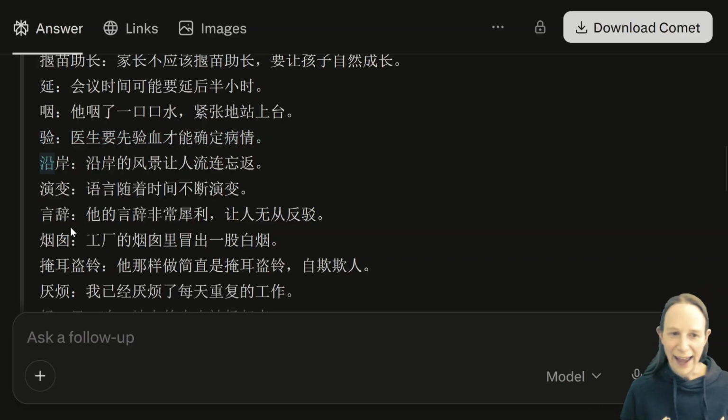Okay, so yan is a word by itself. This yan means to travel along the periphery of something. Yan an. An is like the coast, or the bank.